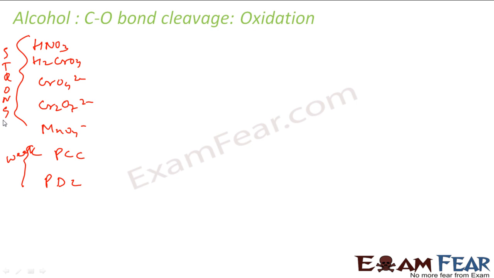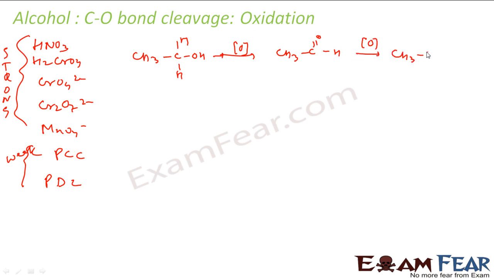So the typical oxidation reaction will be something like this. I'll show you. I have CH3CH2OH. We do oxidation of this. What you get is CH3CHO. If I further do oxidation of this, I get CH3COOH. Correct?